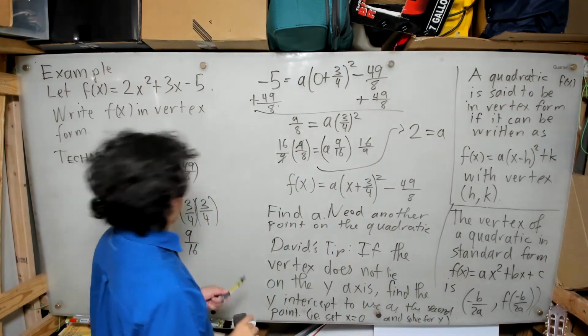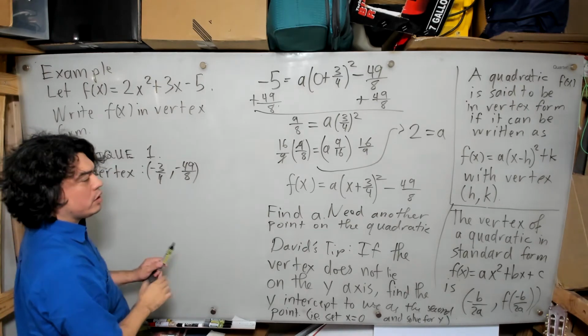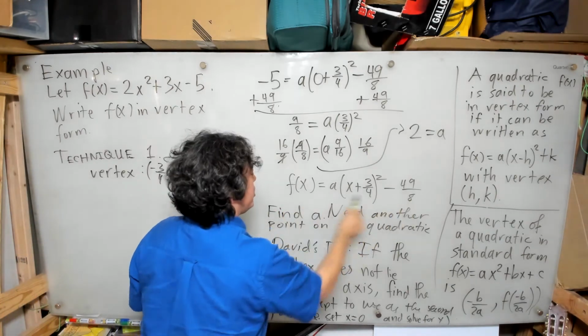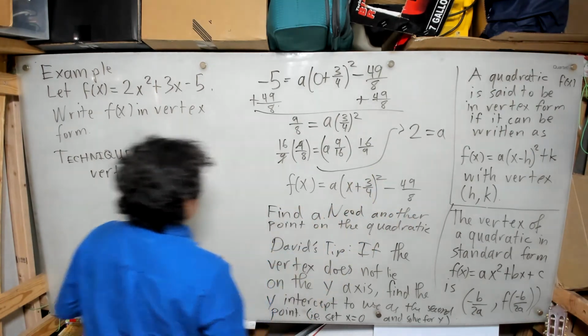Now finally, we're in a position to state what the vertex form is. The only thing left for us to get the vertex form was to find out what a was, and we just found that a was 2.